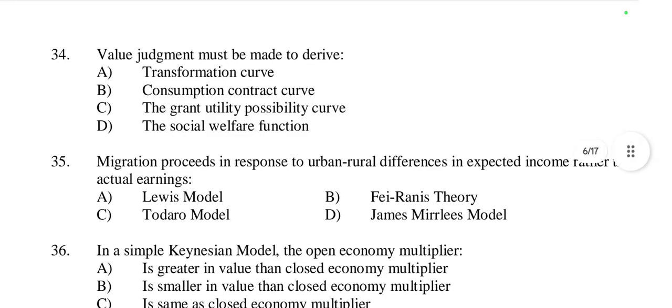Then question number 34. Value judgment must be made to derive the dash: transformation curve, consumption contract curve, grand utility possibility curve, or social welfare function. Value judgment must be made to derive the social welfare function.